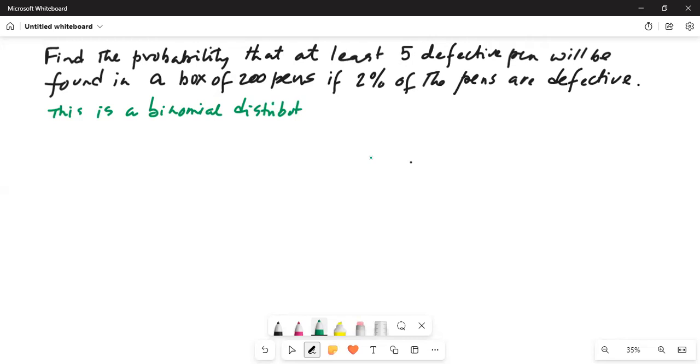I'll read the problem. Find the probability that at least 5 defective pens will be found in a box of 200 pens if 2% of the pens are defective. So I was saying this is a binomial distribution because there are two outcomes possible.